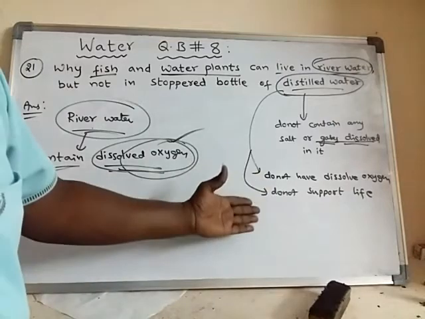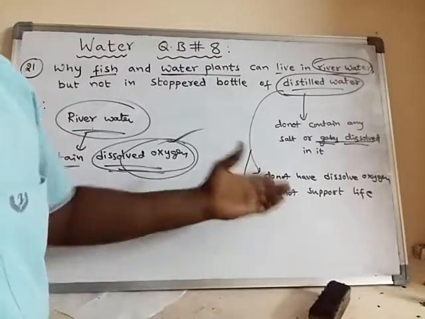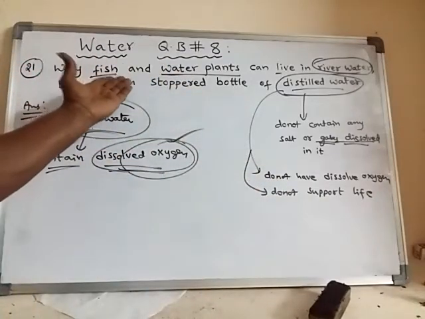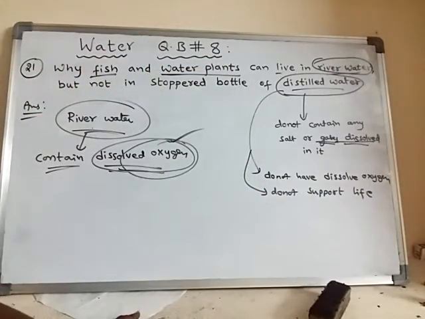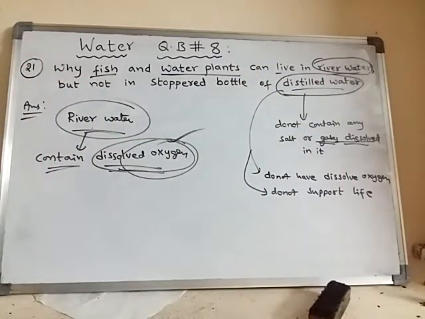If there is any dissolved oxygen available in distilled water, then only these fish or water plants can survive. But as distilled water does not contain any dissolved oxygen, fish and water plants cannot live in distilled water.